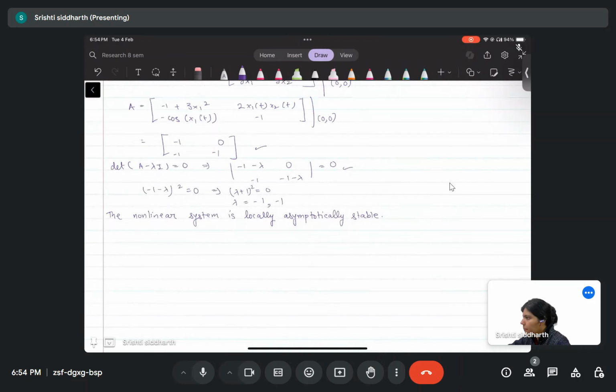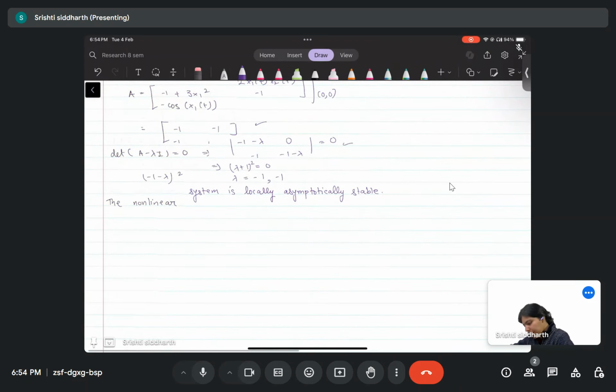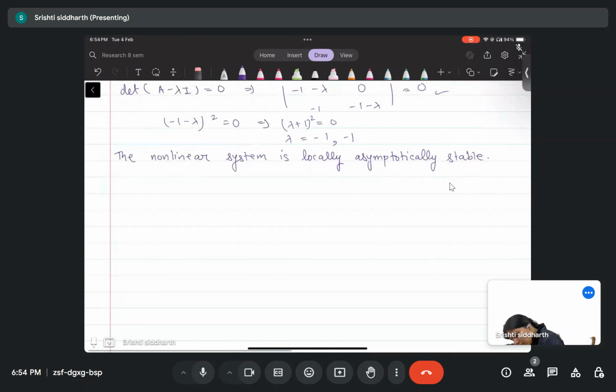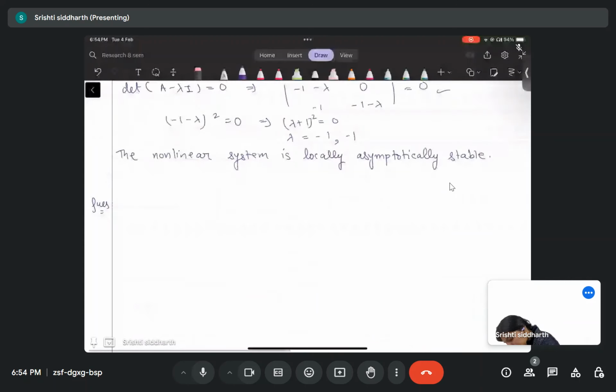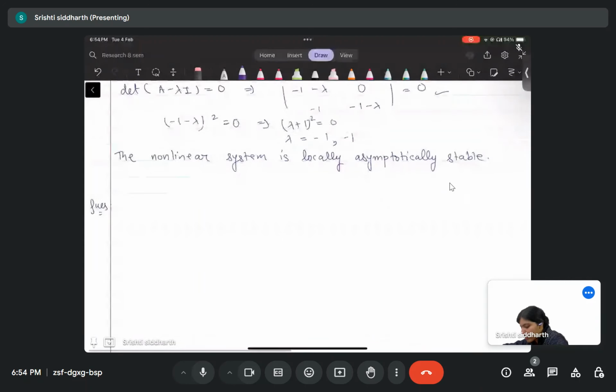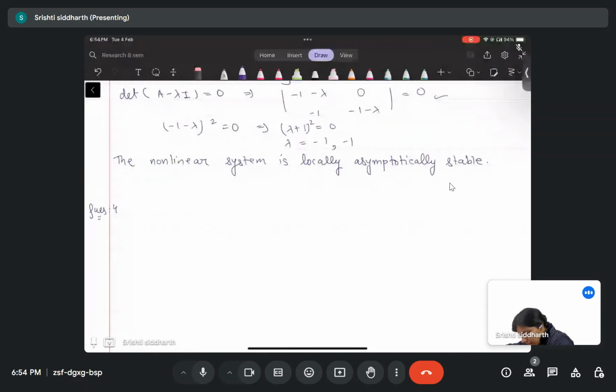Alright, so let's see. So now we'll talk about another way to comment on stability of an LTI system. So this is the question. The system is x dot equals minus 1, 2, 0, minus 1 times x.